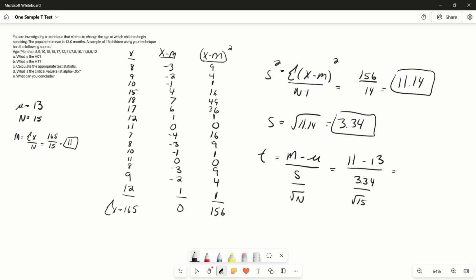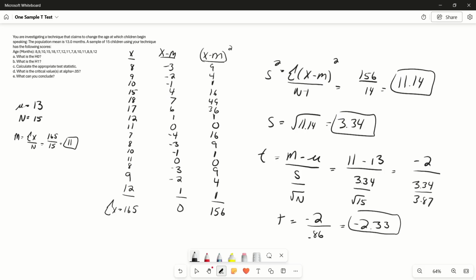This gives us -2 on top. 3.34 over square root of 15 is 0.86. So then t is -2 on top, and this fraction becomes 0.86 on the bottom. And that gives me -2.33. That's my final t value.